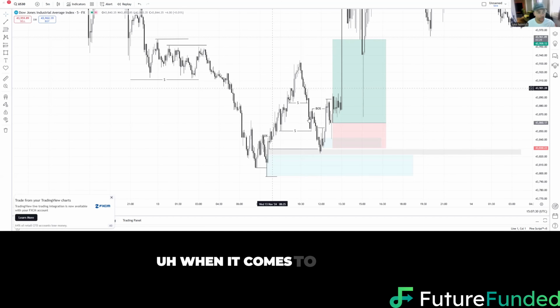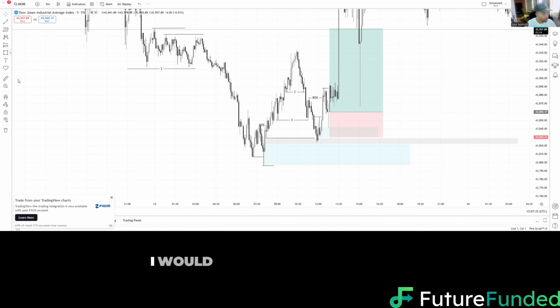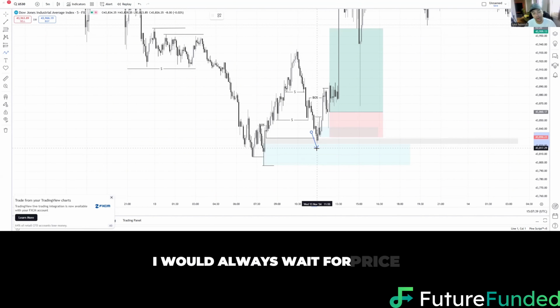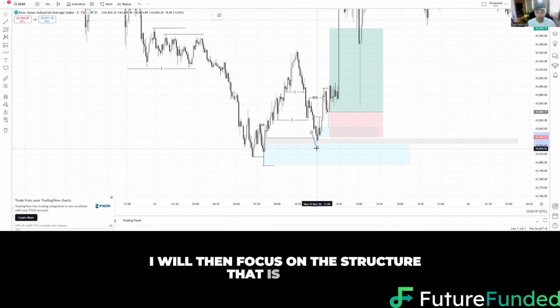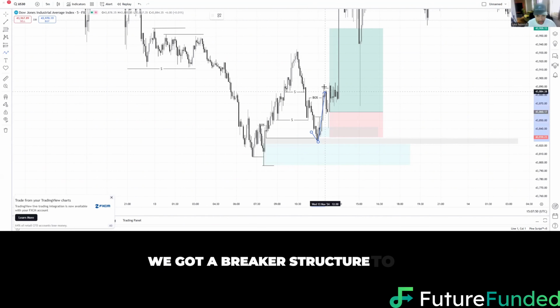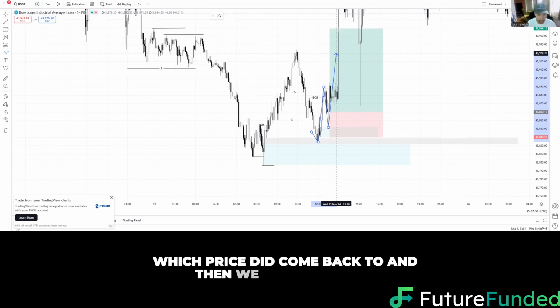When it comes to waiting and being patient, 9 times out of 10, in fact, not 9 times out of 10, 10 times out of 10, I would always wait for price to come back into the POI. However, if we don't have that, I will then focus on the structure that is forming at the fair value gap. Like here, we got a break of structure to the upside, which created a new point of interest on the 1 minute time frame, which price did come back to, and then we can go.